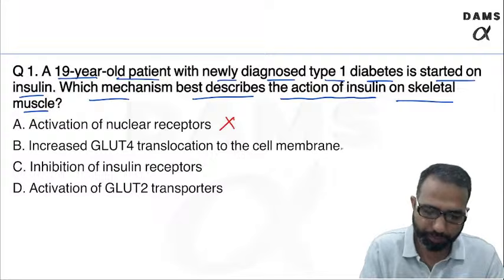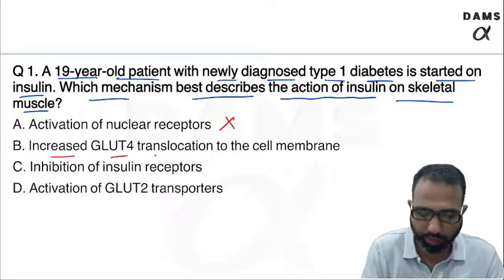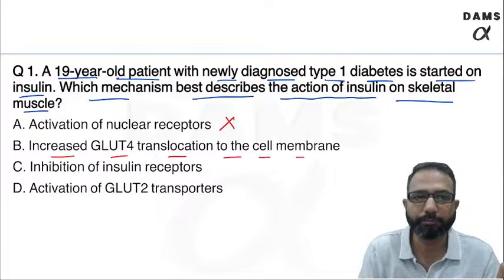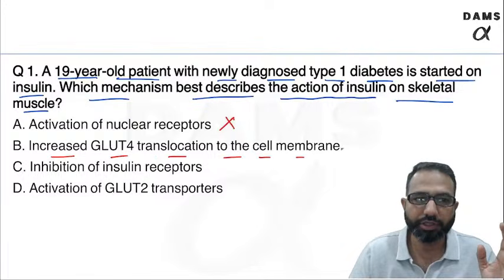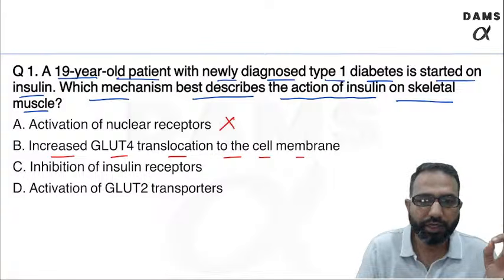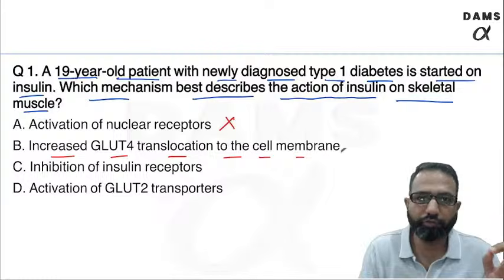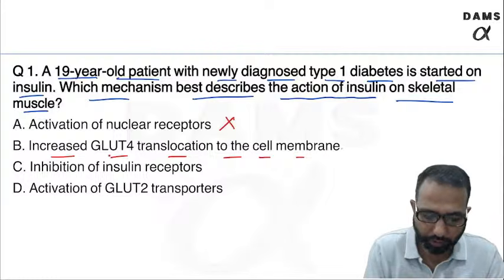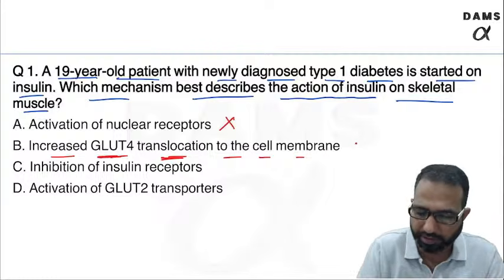The second option you can see, increased GLUT4 translocation to the cell membrane. It is possible, because GLUT4 is important in the skeletal muscle and in adipose tissues.